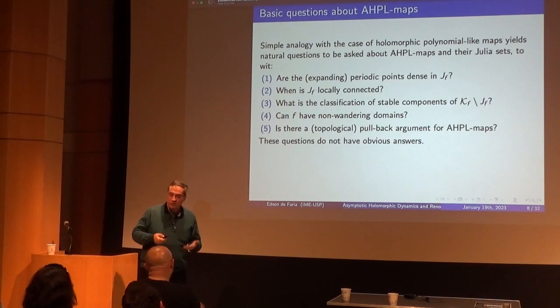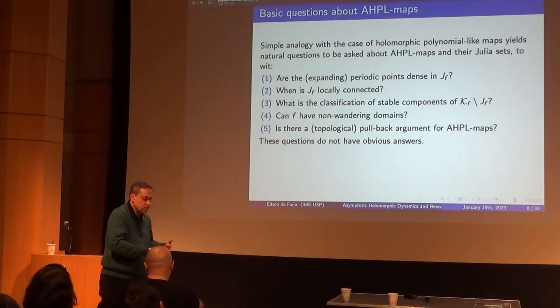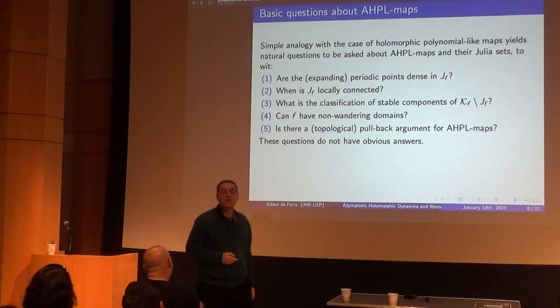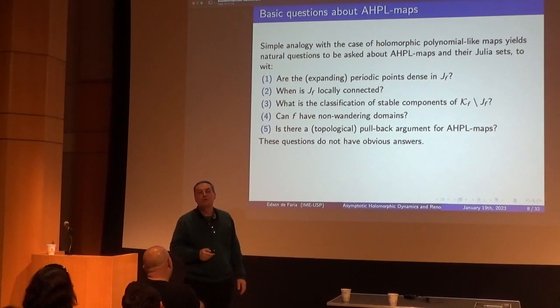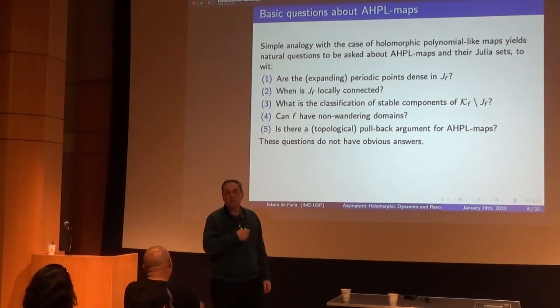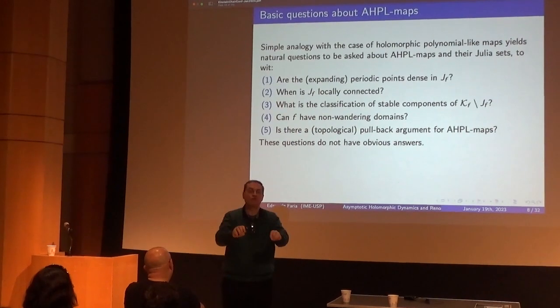But if you impose some conditions, because the idea here is to start something, right? Can you do an asymptotic analysis, for instance with the Yoccoz puzzle? We can show, if we assume that the map is infinitely renormalizable, that the puzzle pieces shrink, and therefore the Julia set is actually locally connected.